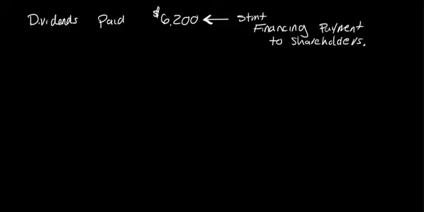Let's look at any other adjustments we may need to make. Depreciation expense is included in cost of goods sold. We know that our cost of goods sold is $2,790, and I want to subtract out of there the depreciation expense.